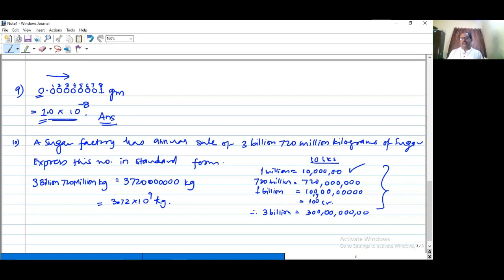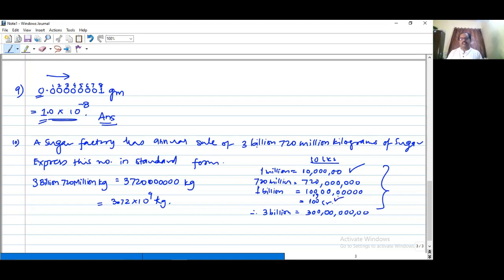After 100 we must put 7 zeros, because 1 crore is 7 zeros after 1. So 1 billion is 100 crores, and after 1 we have 9 zeros. We can count the zeros: 1, 2, 3, 4, 5, 6, 7, 8, 9.